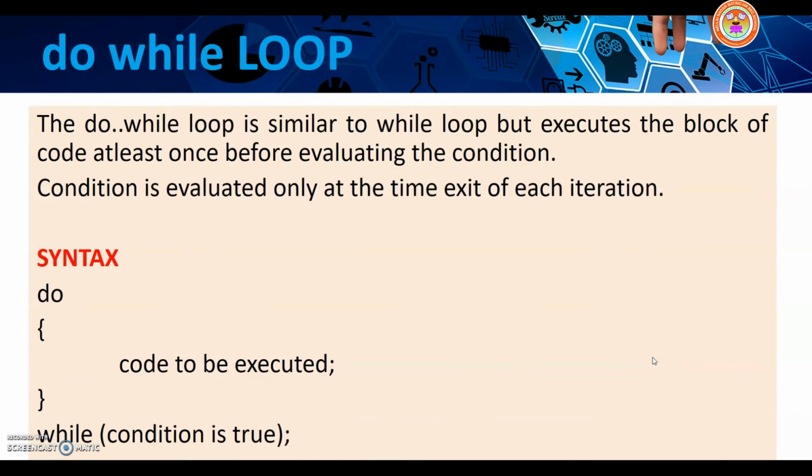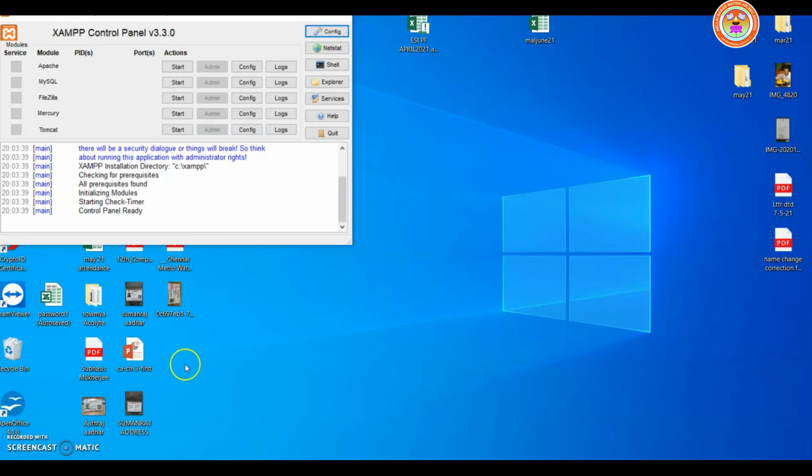Next comes do while loop. Before entering into do while loop, I'll execute this through coding. For executing the while loop, I need to start the XAMPP server. So click start button, search the XAMPP control panel.